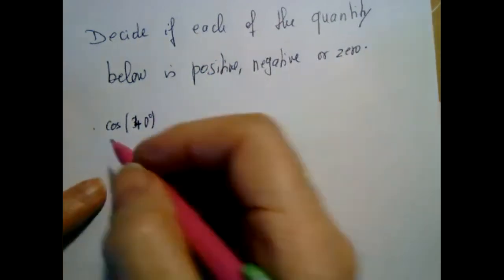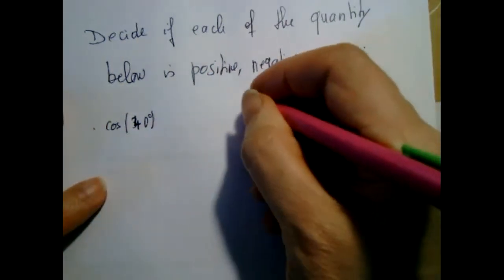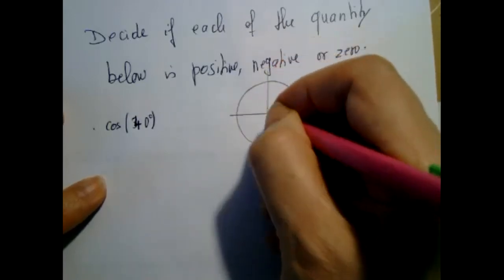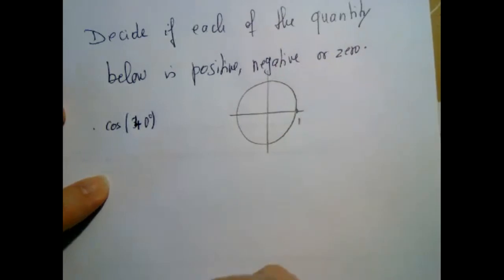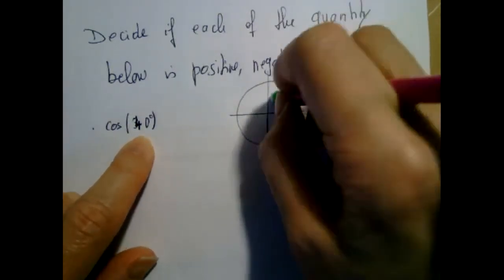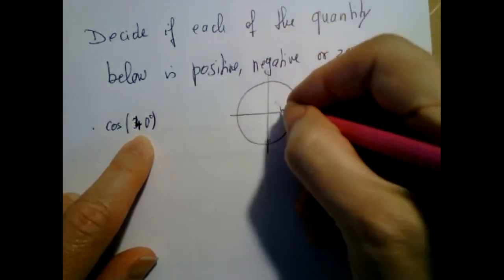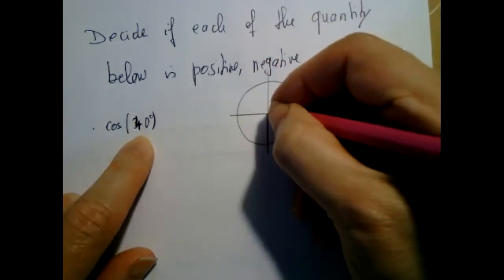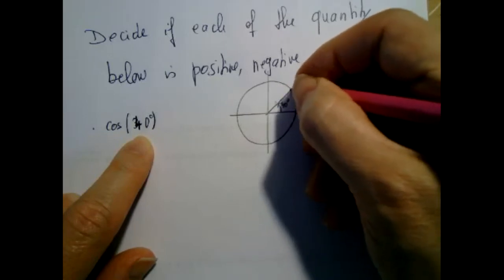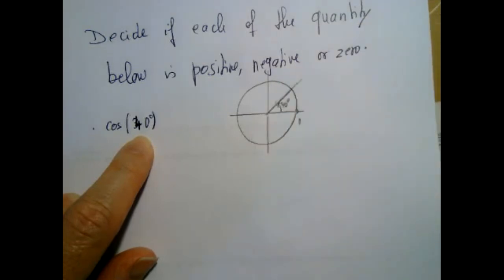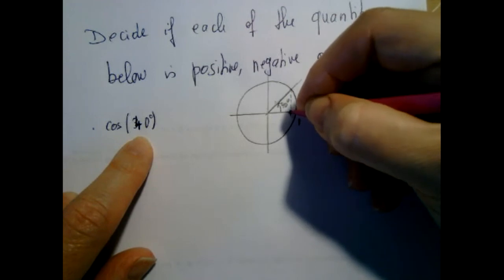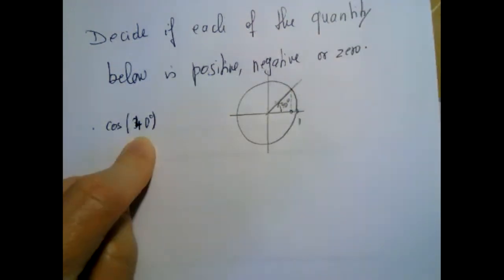First quadrant, yeah. So cosine 40, I have no idea, so I go to my unit circle. Okay, that's my unit circle. I draw the angle 40. It's a little bit less than 45, so it's less than halfway. And I take the point P. So that's my angle 40. The terminal side is, of course, in the first quadrant. The cosine is the x-coordinate, which is absolutely positive.